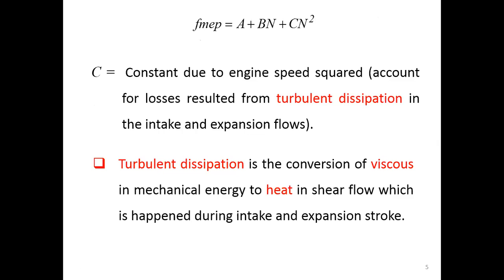Let us see another constant, multiplied with the engine speed to the power 2. This is the constant due to the engine speed squared. This constant accounts for the losses that come from the turbulent dissipation during the flow in the intake and in the expansion flow. So what do we call turbulent dissipation?